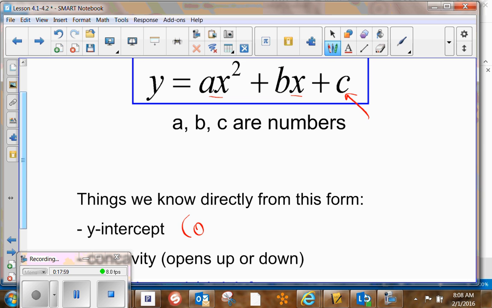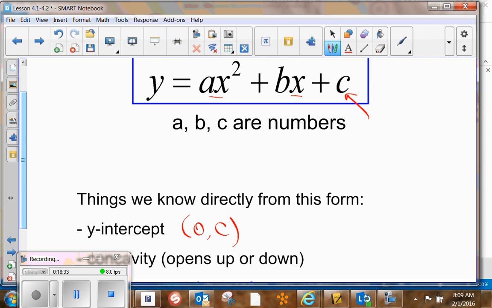So your y-intercept will always be 0, whatever your C is. Which is kind of like the y-intercept, the plus b, in linear. That number sitting out there by itself is always your y-intercept, because everything else goes away since it has x in it. That's kind of sweet.